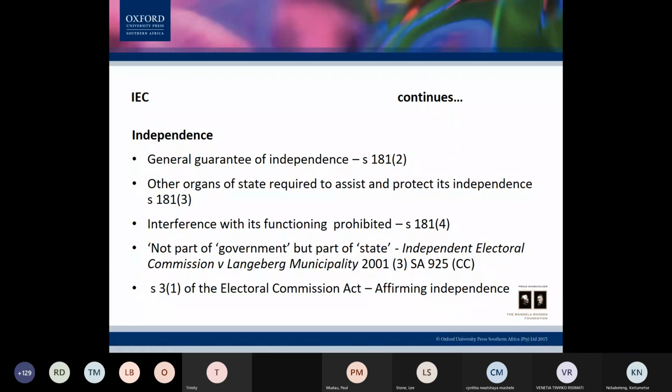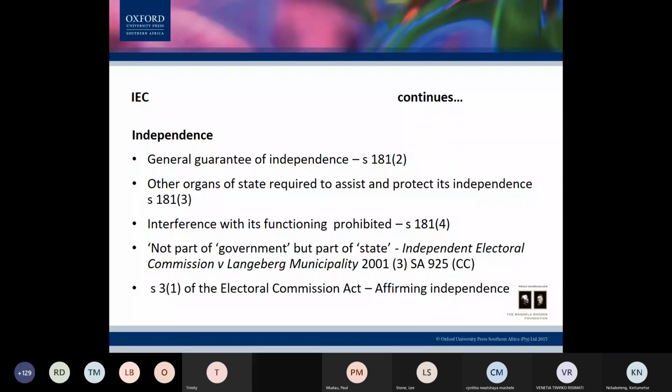Then, in terms of subsection 3 of the very same provision, you find that the Constitution requires that organs of state are supposed to assist and protect the independence of these state institutions, including the Electoral Commission.